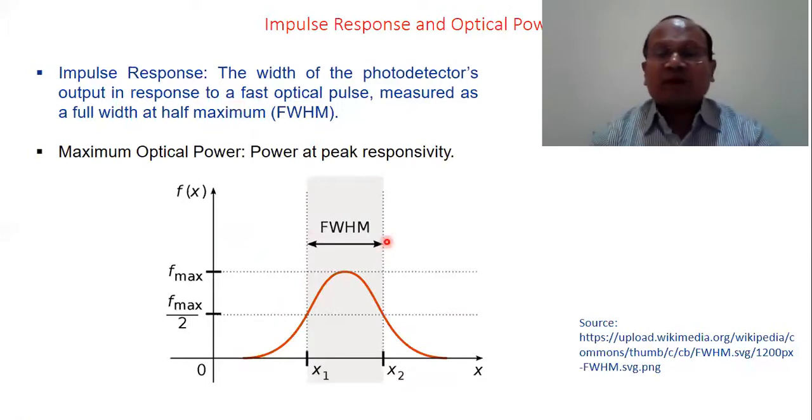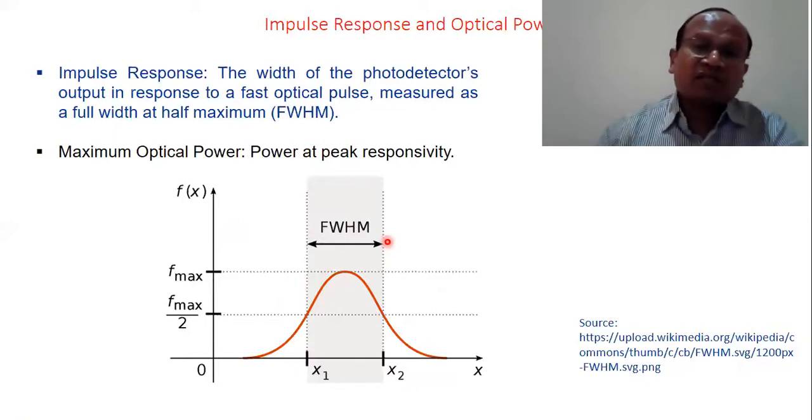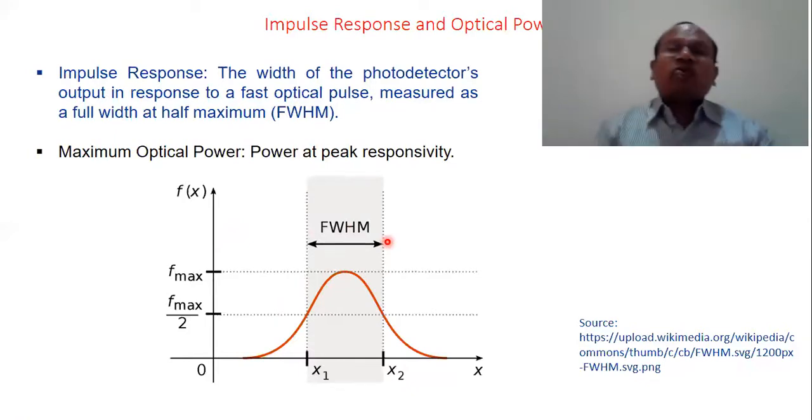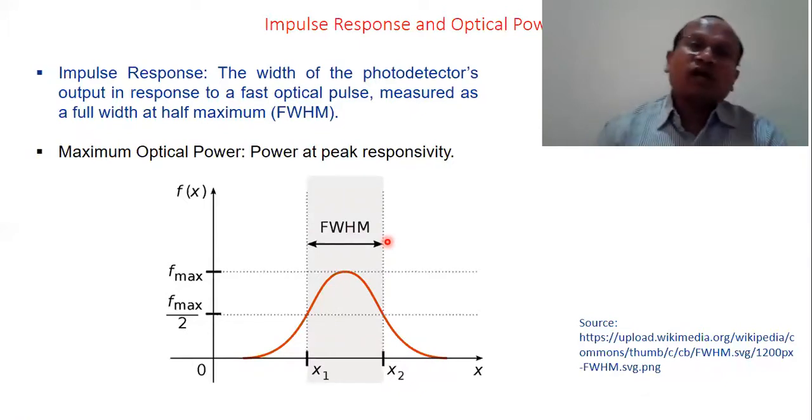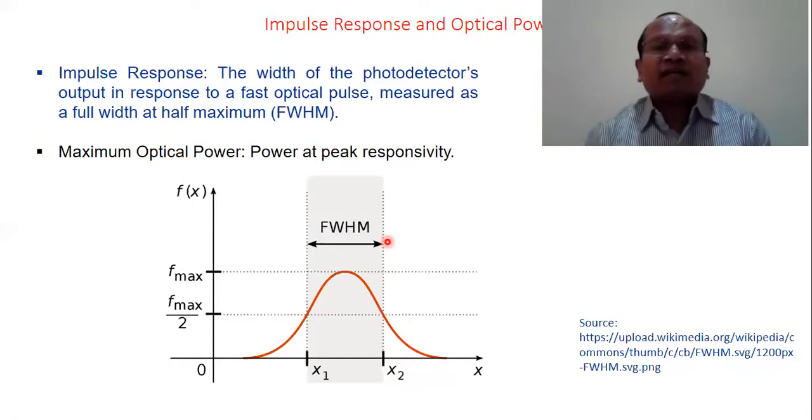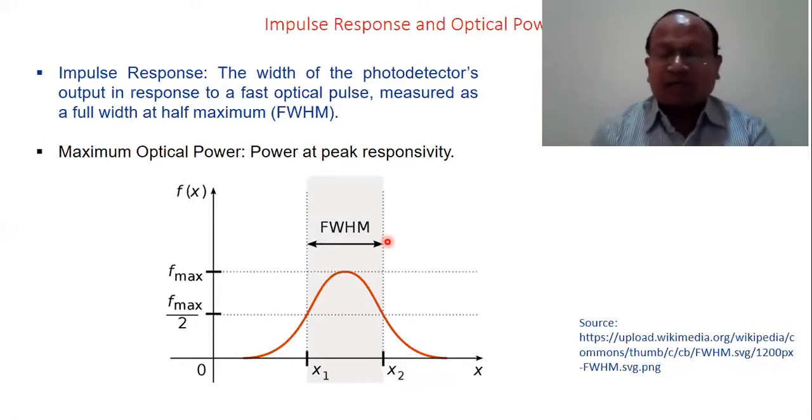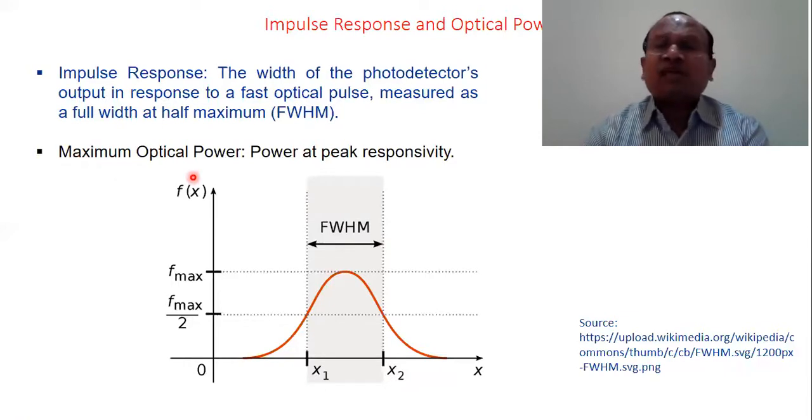And there is an important parameter. From impulse response, what do we get actually? From impulse response, we can determine the value of FWHM, which is also a decisive factor while choosing an optical detector for a specific application. Next is maximum optical power: the power at peak responsivity.